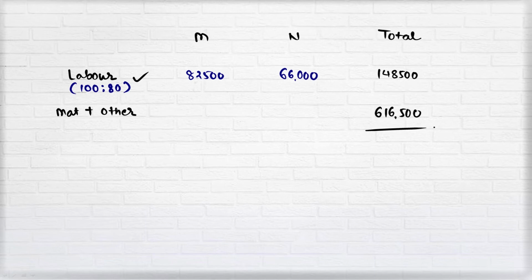Number 5, contribution margin ratio. Sales value at split-off point, NRV and contribution margin cannot be applied because sales value is required but not given. Survey method is not possible because the survey for material and others is not given. Only one method is applicable: number of units.